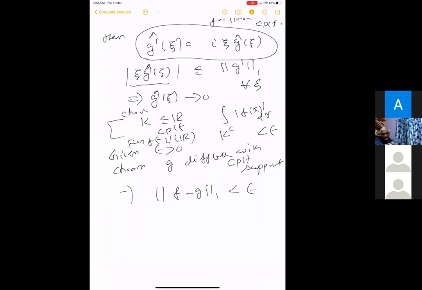This is possible. I gave the oral proof: you take a compact set so that the integral of f outside the compact set is less than epsilon. Then on that compact set you take e to the power minus x squared and smoothly take it to 0 within a smaller interval. When you multiply by that function, you get a nice function.